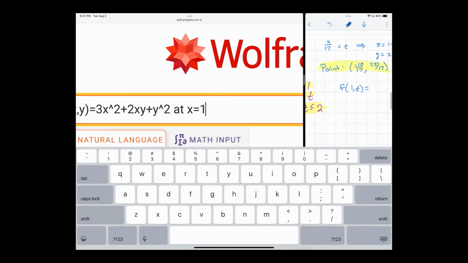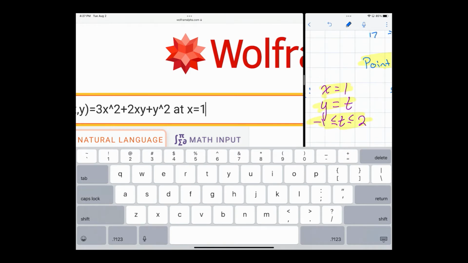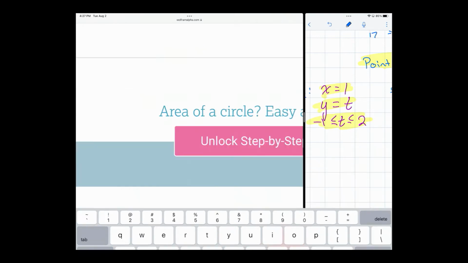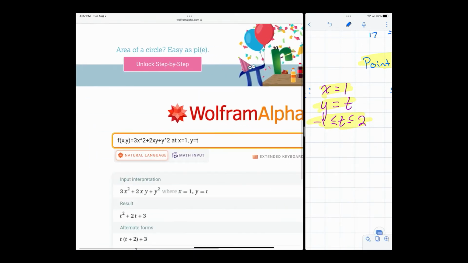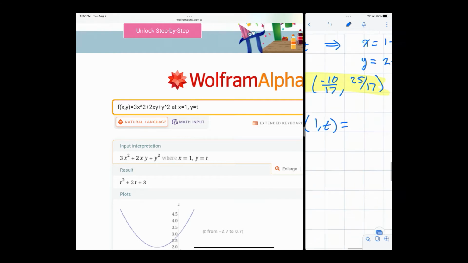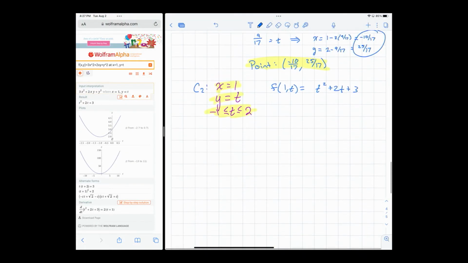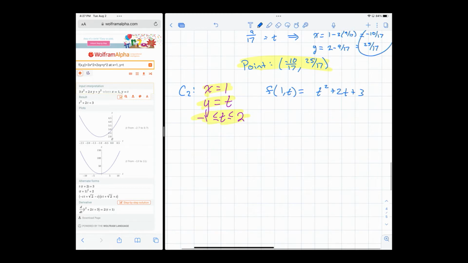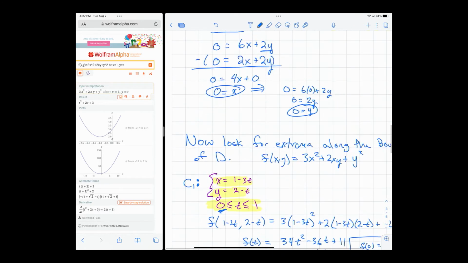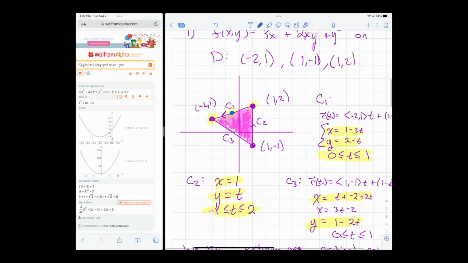Very easy to change this now to x equals 1, y equals t, and not even have to think about it. So I get t squared plus 2t plus 3. So that's what we have for the equation of the curve along C2 right here.